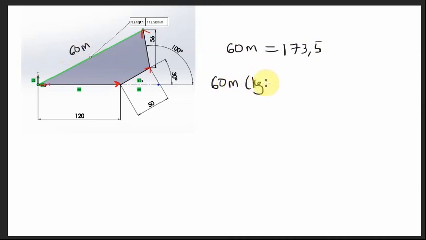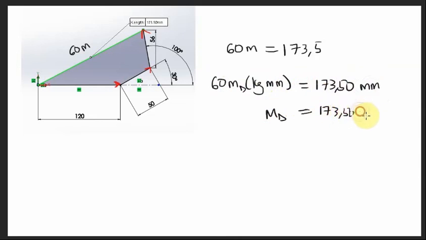To make it more clear, 60M, in kilogram millimeters, is equal to 173.50 millimeters. Obviously we want MD, so MD is equal to 173.50 millimeters divided by 60.